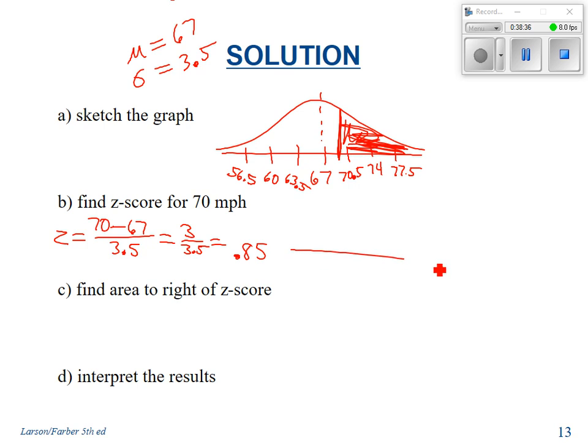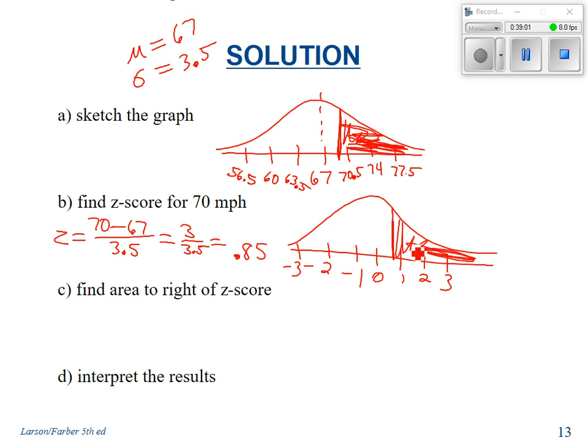If I wanted to draw another graph using the z-scores, remember, 0 is always going to be the mean, then we go 1, 2, 3, -1, -2, -3. We change that 70 into a z-score, 0.85, that's going to be somewhere about in here. So we're looking for that area.